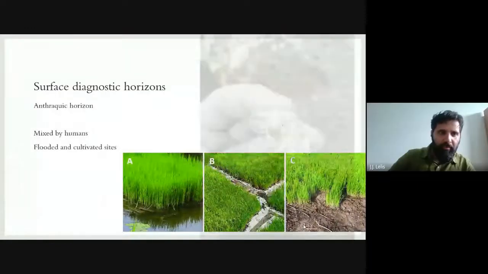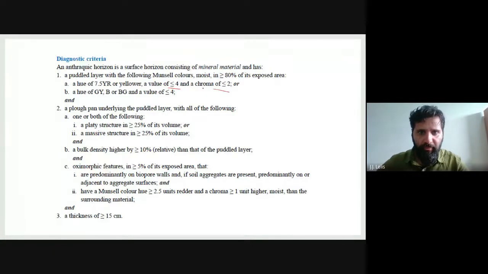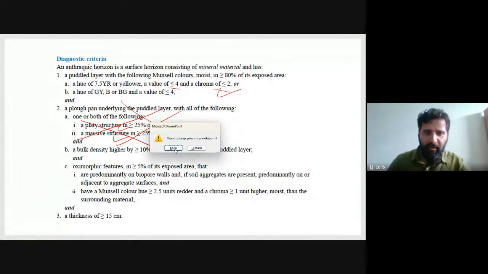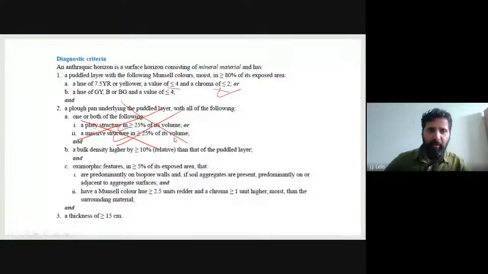Let's see, the dendritic should present at least these materials with low value and low chroma, and we follow this. We should present a platy structure or massive structure, and we don't follow this criterion because we present a granular structure. So it is not the dendritic.